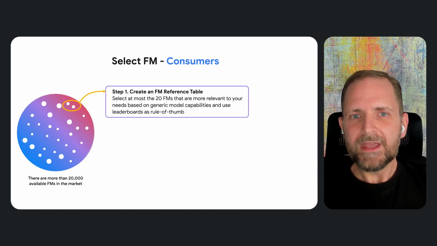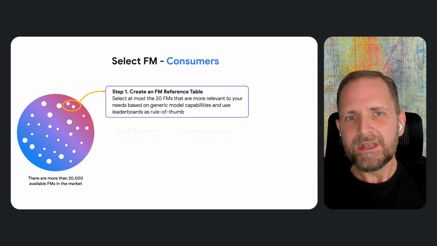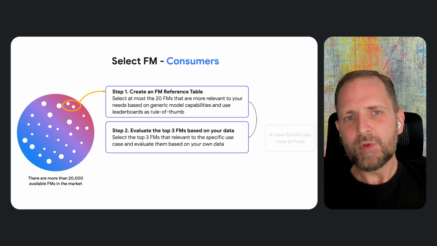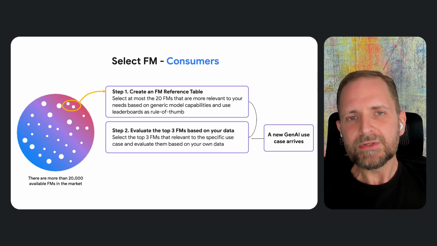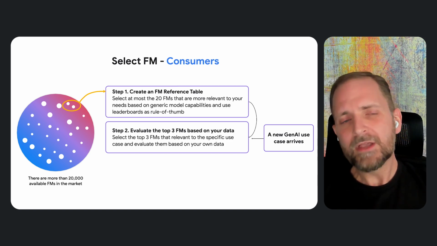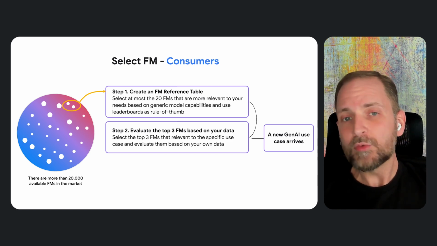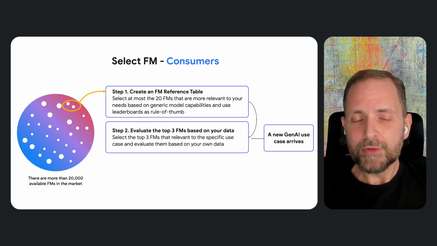For every use case that arrives to the business, we need to conduct a very deep evaluation for the particular use case using our own data, because a good score in a leaderboard does not mean that the model will work correctly also for our use case.